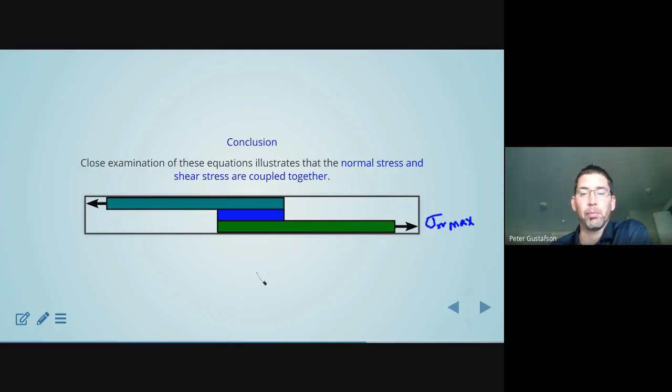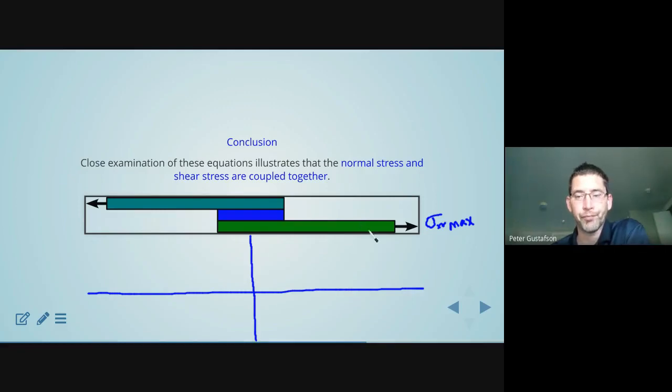If I were to plot, I'm going to try my best to draw a horizontal line with my mouse. It can be a little difficult. Now I'm going to draw a vertical line, and on the vertical axis, what we're plotting here is stress. Out here on the right-hand side, I've got a point where this level is sigma xx.